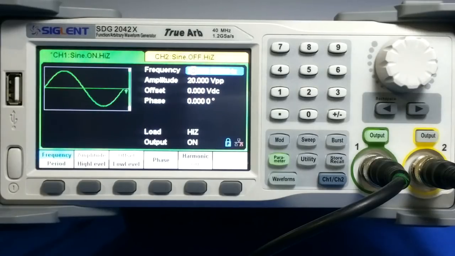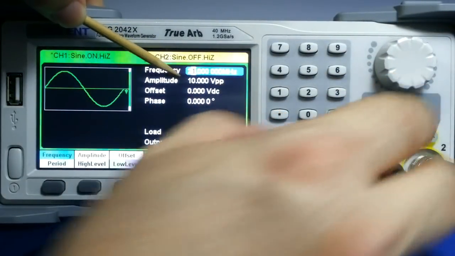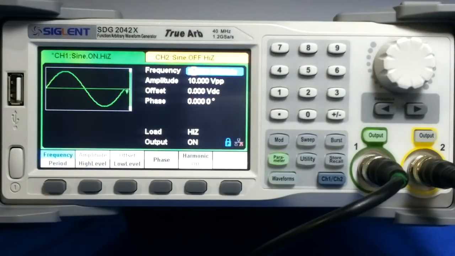I will increase the frequency upper of 20 megahertz. Now it drops to 10 volts peak to peak. Let's see it in the oscilloscope.